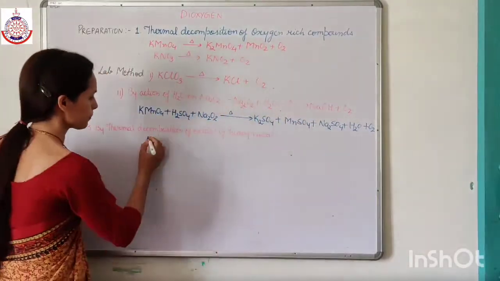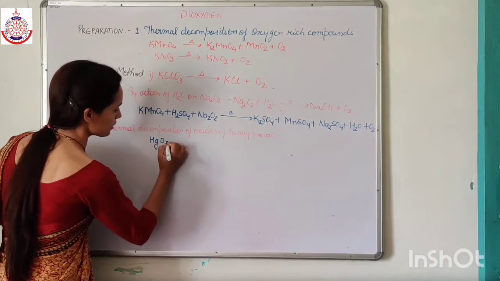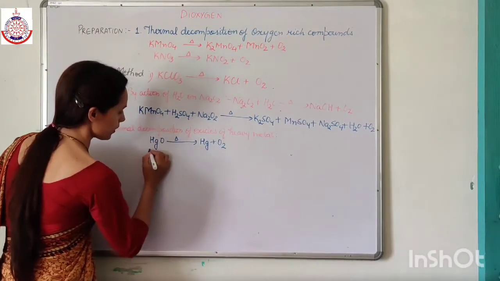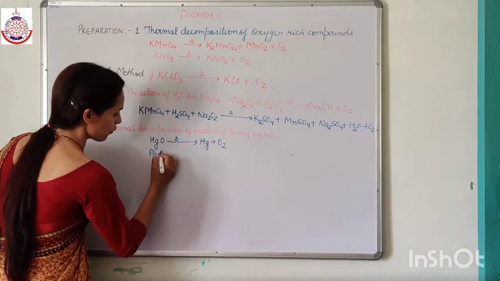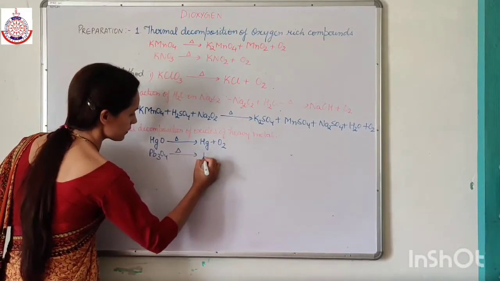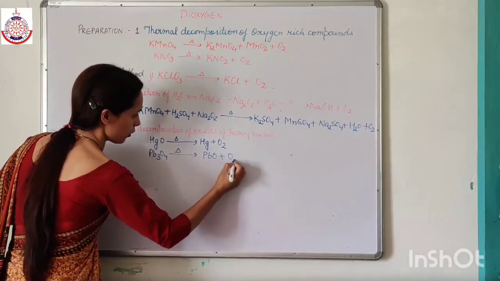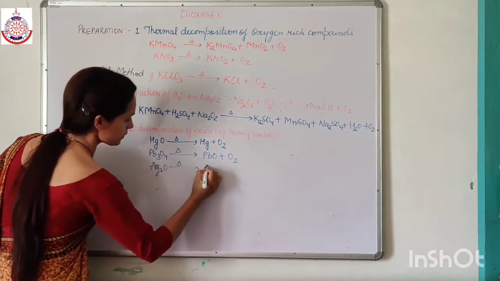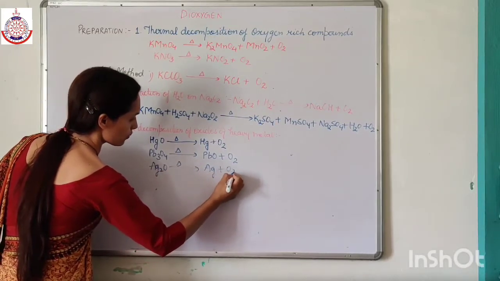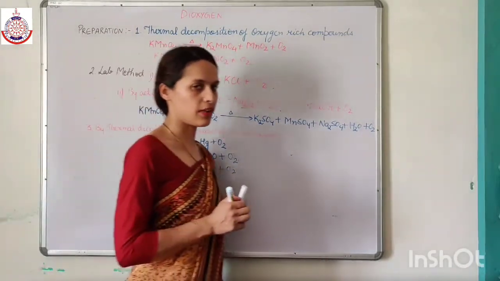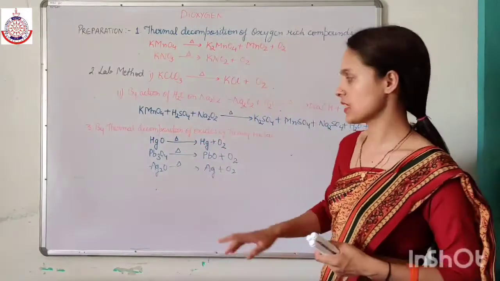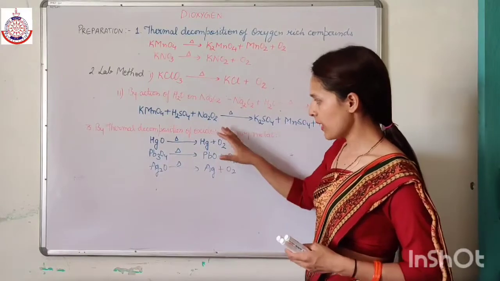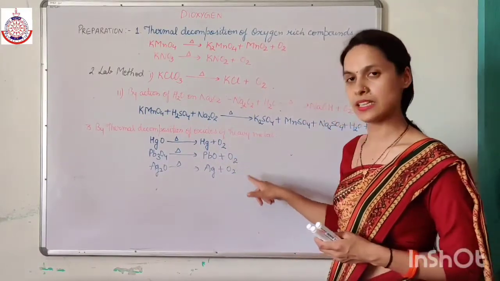For example, HgO on heating gives Hg plus O2. Pb3O4 on heating gives PbO plus O2. Similarly, Ag2O on heating gives Ag plus O2. So by this method also we get dioxygen.